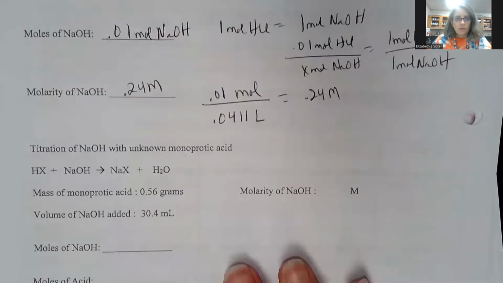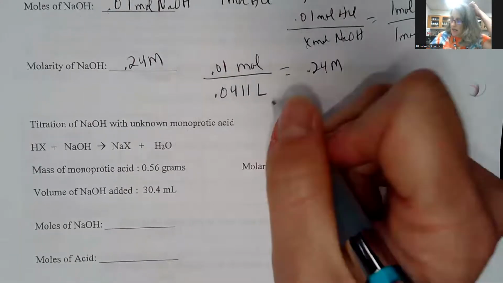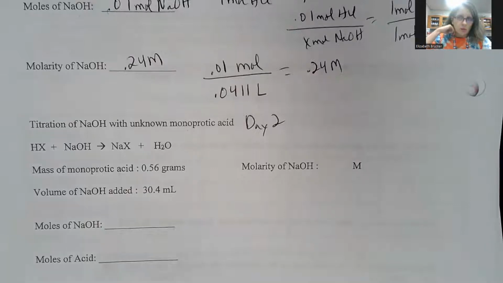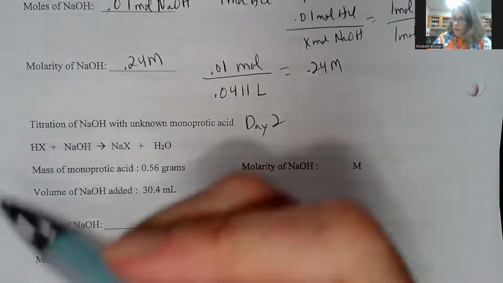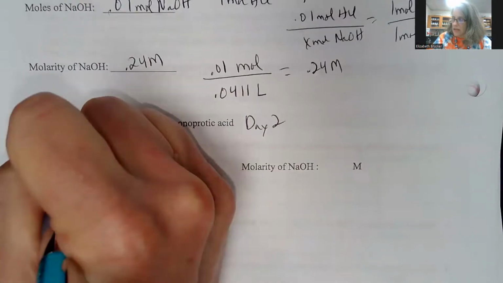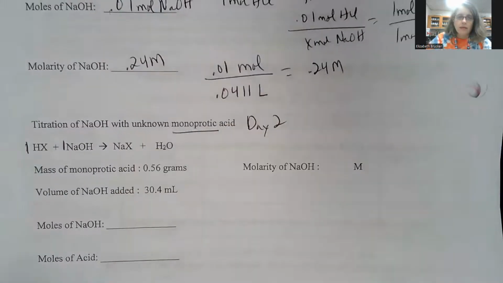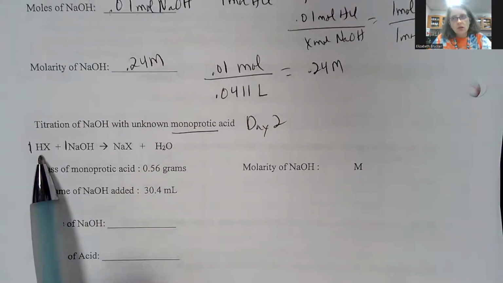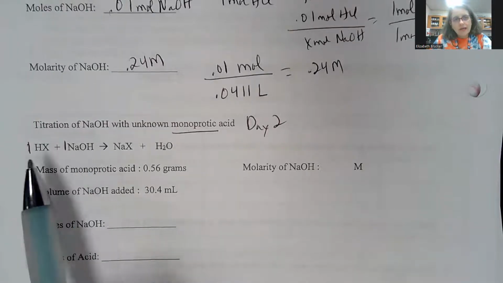Why that's so important is because this is day 2. This is what you're going to be titrating on your own. Everybody's going to get their own acid when you do this step. The one thing that you do need to understand is this is a monoprotic acid, meaning you have 1 H. It doesn't matter what the acid is, just know that there's only 1 H. So everything is 1 to 1.